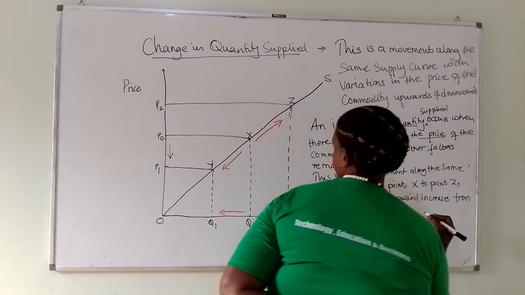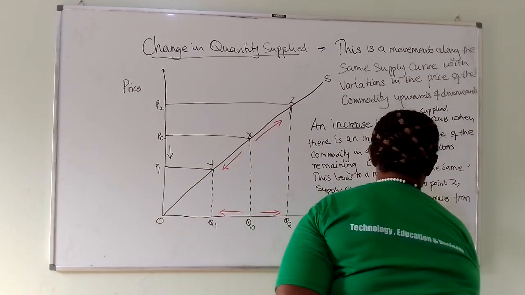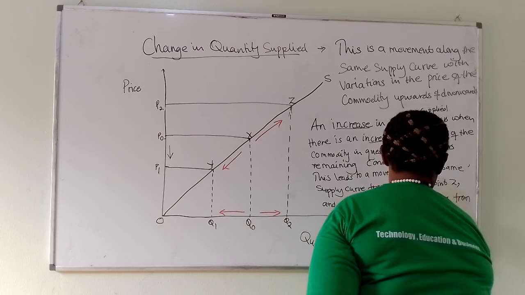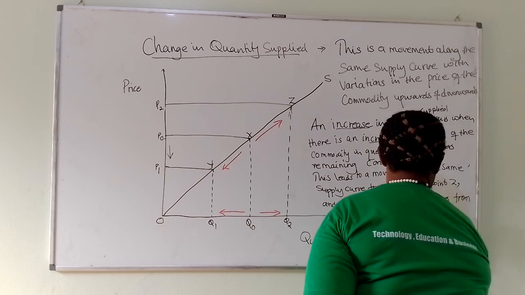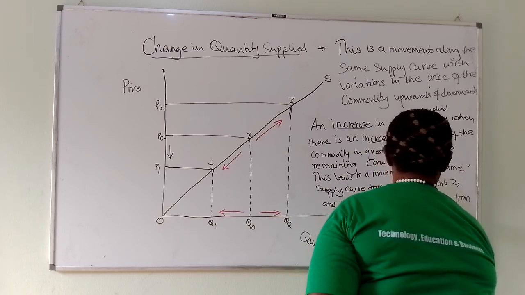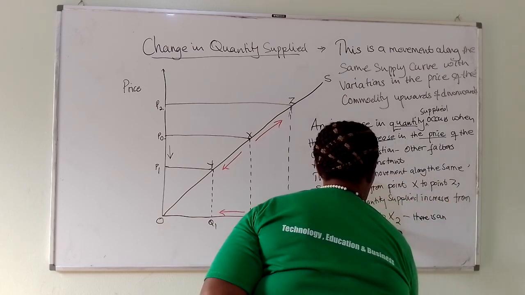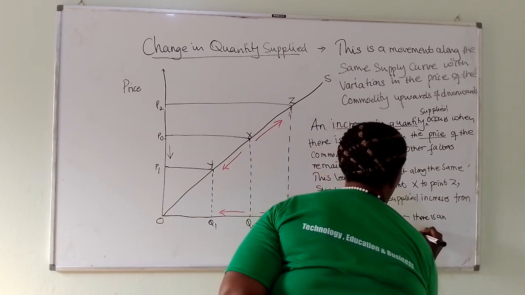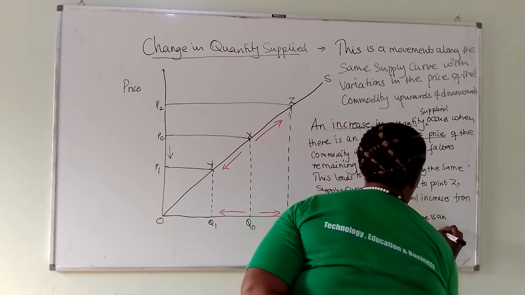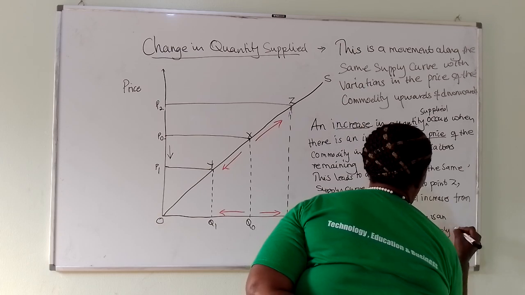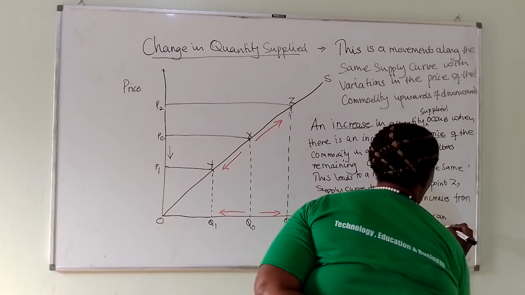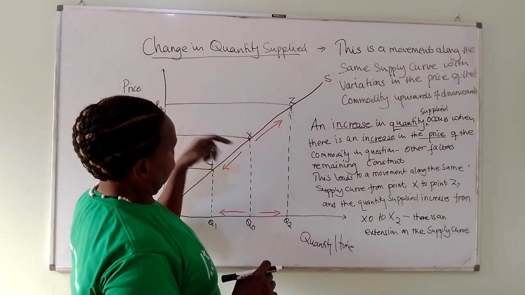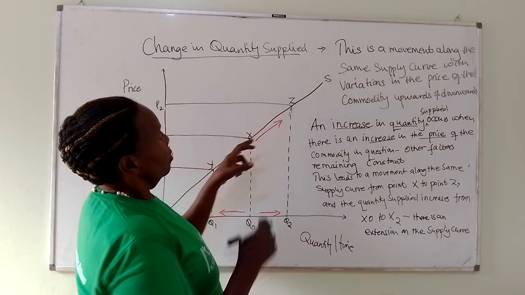So you see that there is an extension on the supply curve. There is an extension on the supply curve. We are extending both our price and quantity from a lower level now to a higher level.